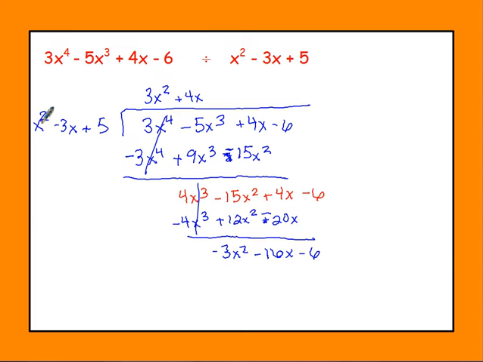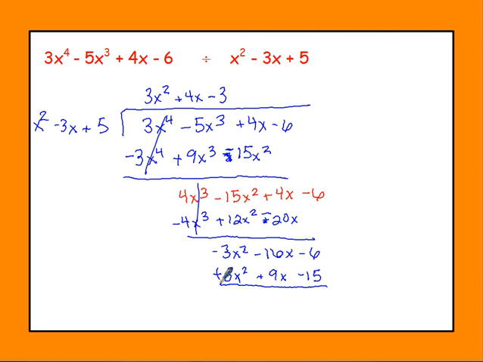All right. X squared goes into negative 3x squared. How many times? That would be a negative 3. Multiply negative 3 times your divisor will give me a negative 3x squared, a positive 9x, and a negative 15. And now, again, I want to subtract by changing the signs.